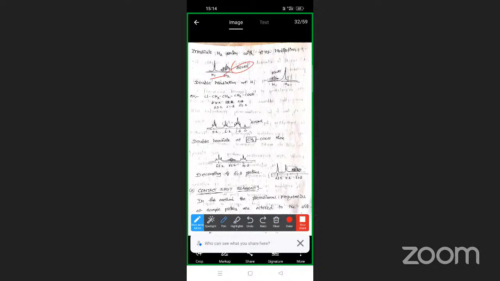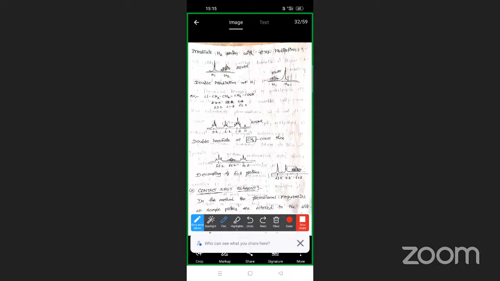There is no signal for the H2 proton. When you irradiate the H2 proton, it leads to an increase in the intensity of the H1 proton, and the H2 proton signal is absent, or you will get a blur, noise.